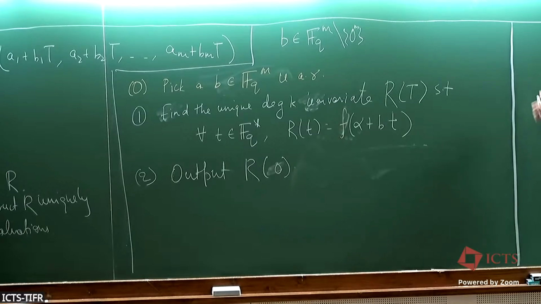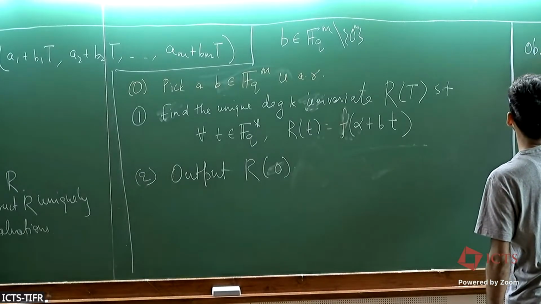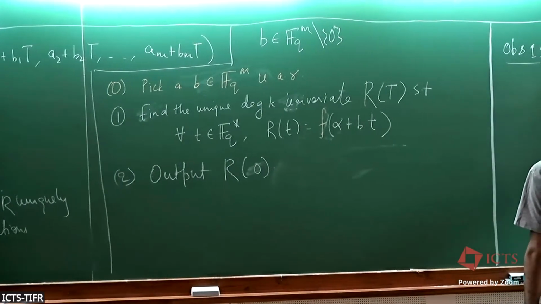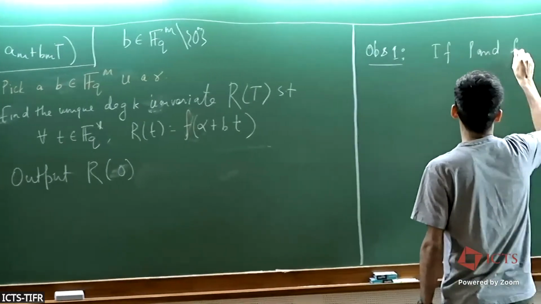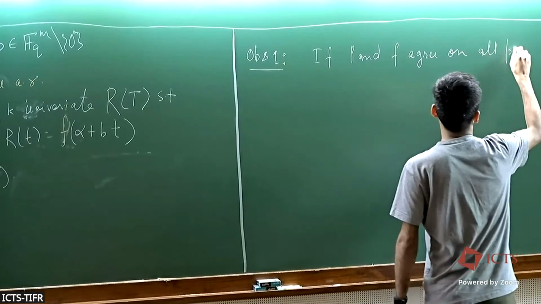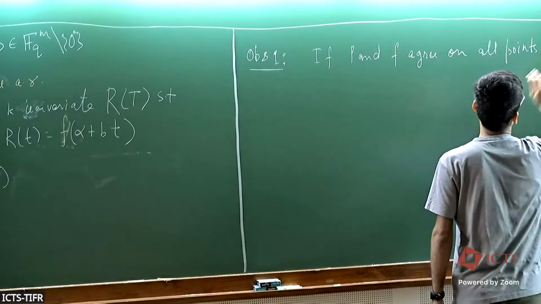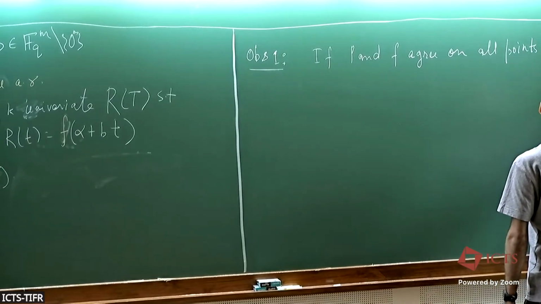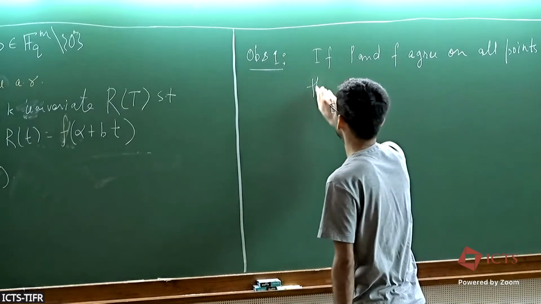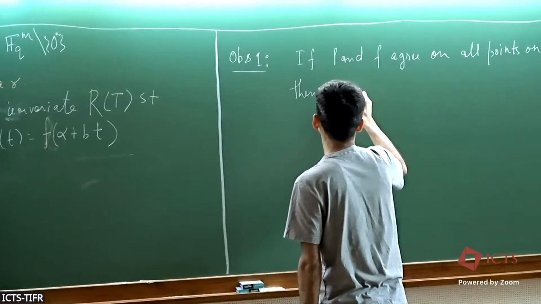Here's the first observation, and this is not difficult. This should be clear. The observation is that if P and F agree on all points on the line L of alpha b, maybe not on alpha, so if P and F agree everywhere on the line apart from the point alpha, then the algorithm is correct.